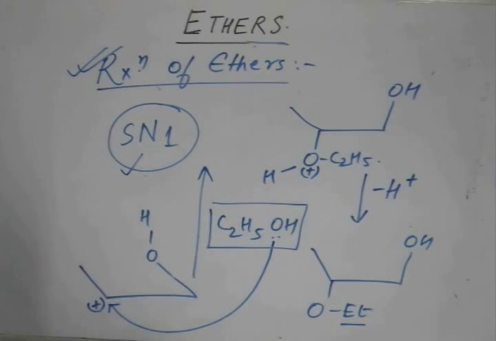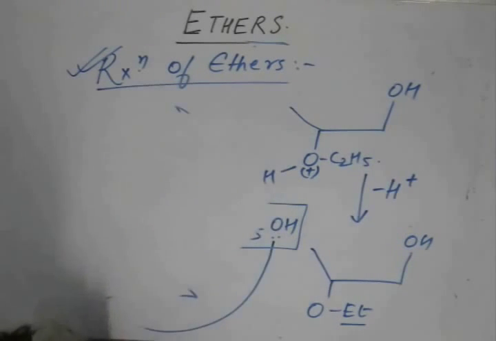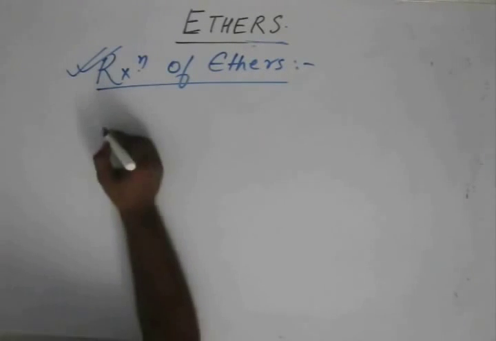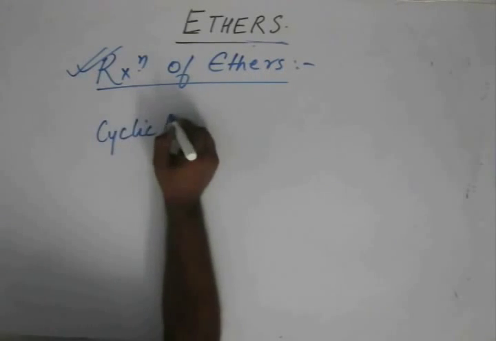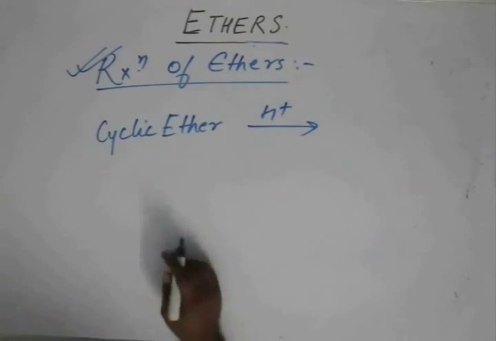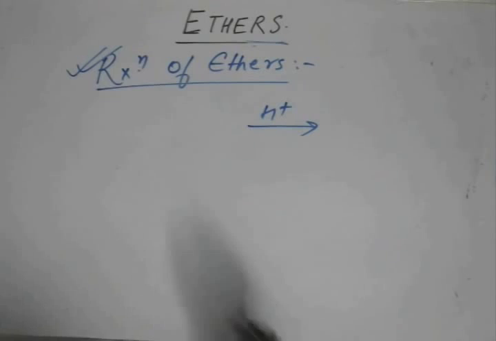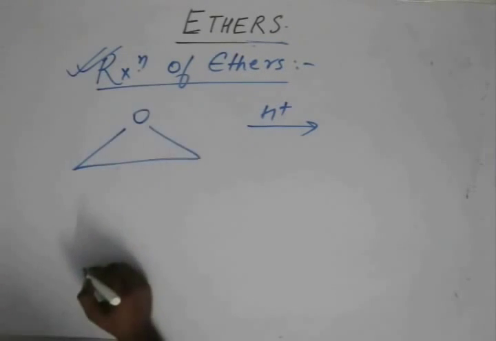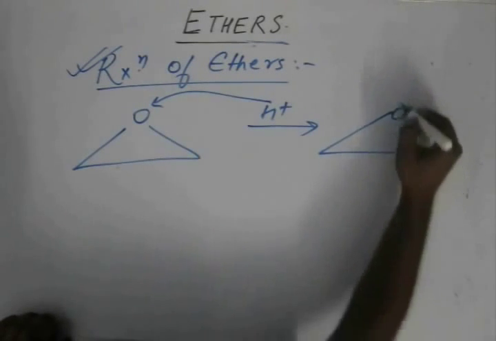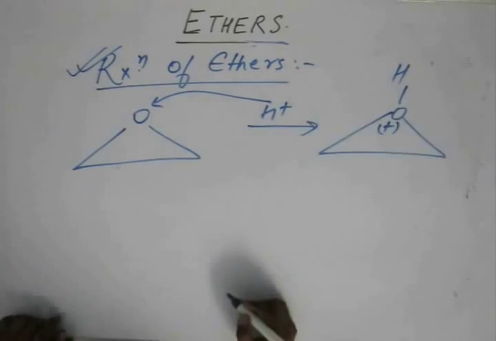Hope you are getting the fundamentals of how cyclic ethers react with acids, or nucleophiles in general in presence of acids. First, let me quickly write it down for you. First, the cyclic ether is being attacked by H+. The H+ attacks this O. We have this.